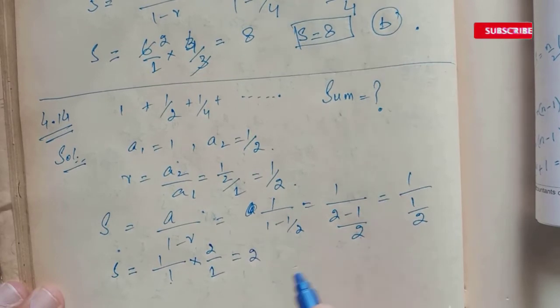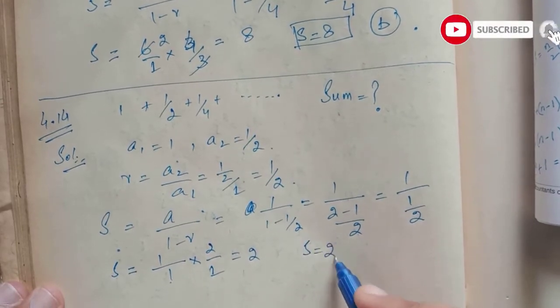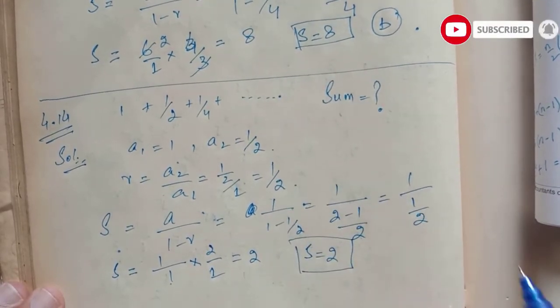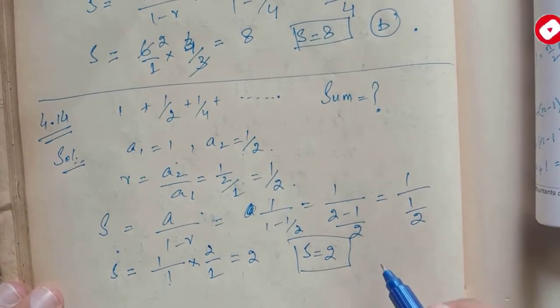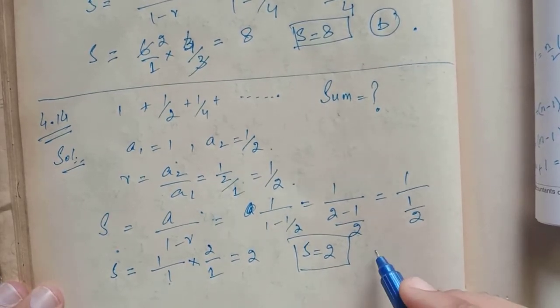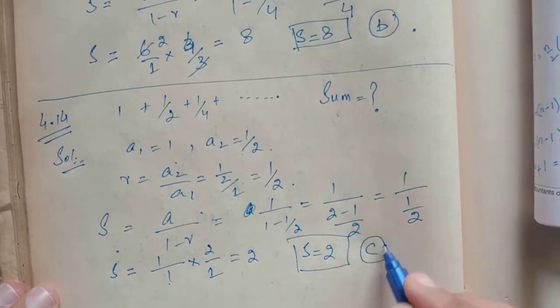This equal to 2. So S equal to 2. So the answer is option number C.